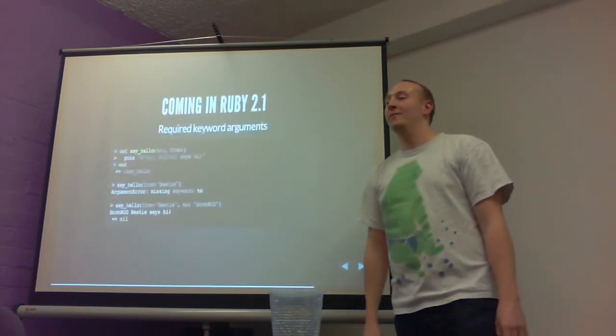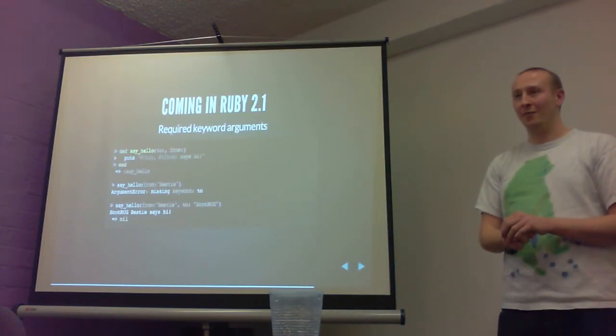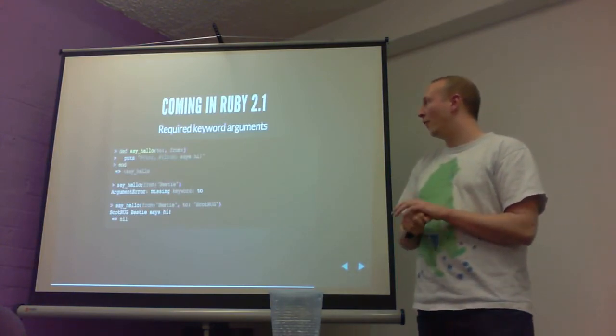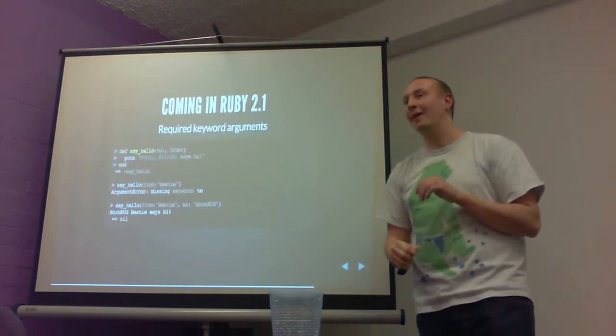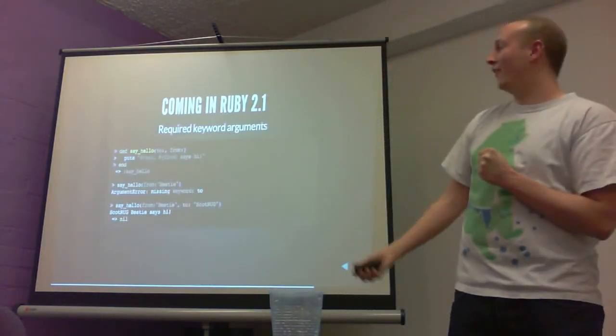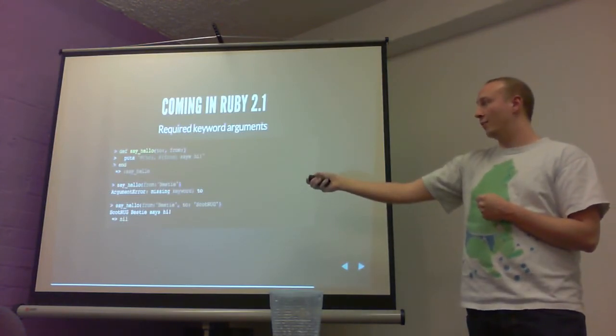Coming in Ruby 2.1 are required keyword arguments. So Ruby 2 has keyword arguments, in case you didn't know. And Ruby 2.1 makes them useful by making them required. And this is the syntax for it here. You just don't put the default.